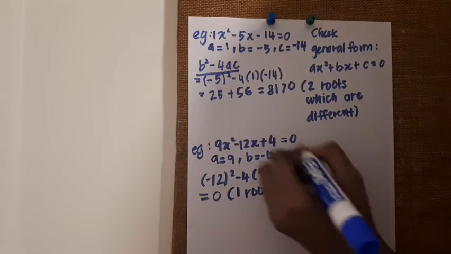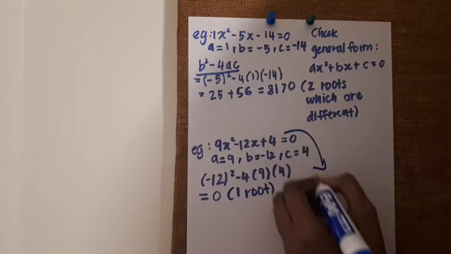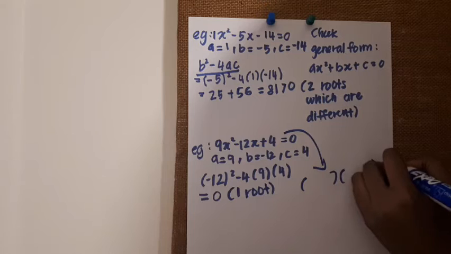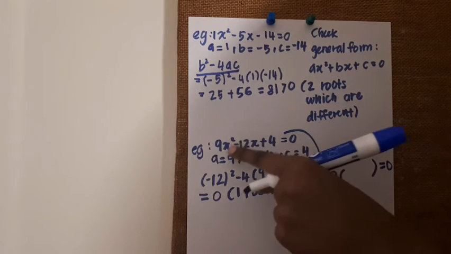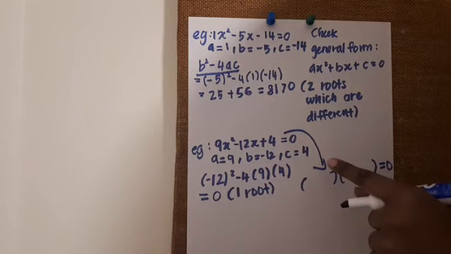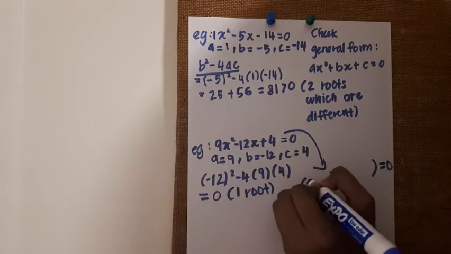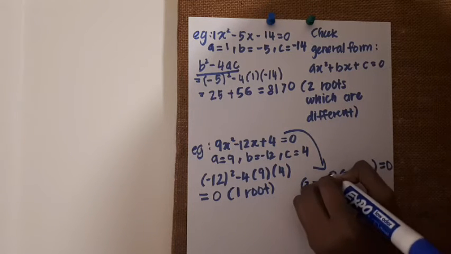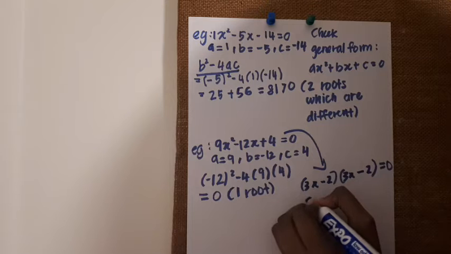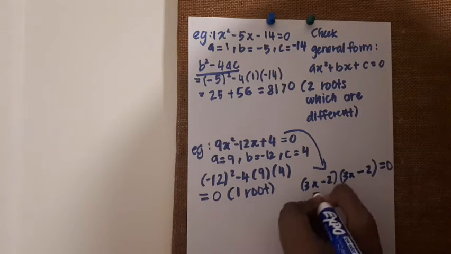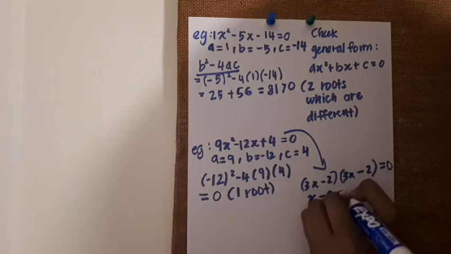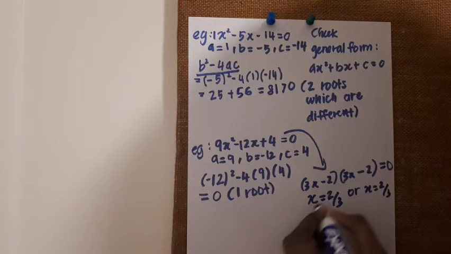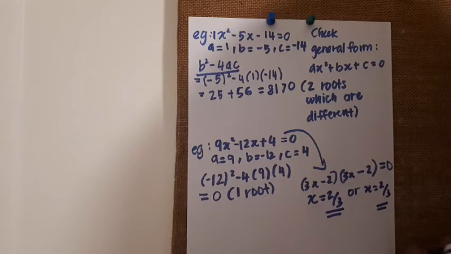How? We will solve for x. We will factorize this equation, and you will get x equals 2/3 or x equals 2/3, which is the same root, where you can see these two are the same value.